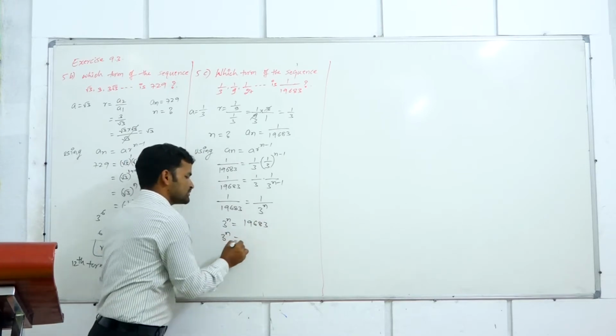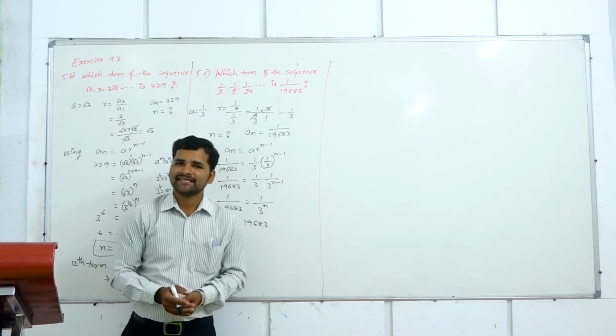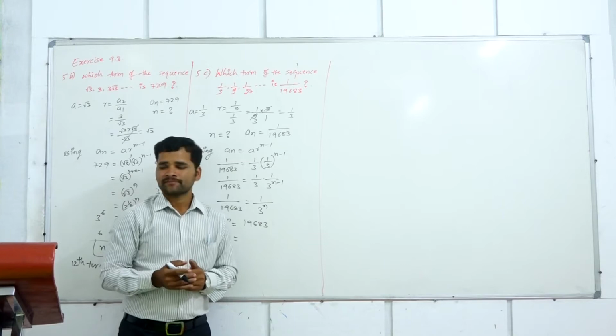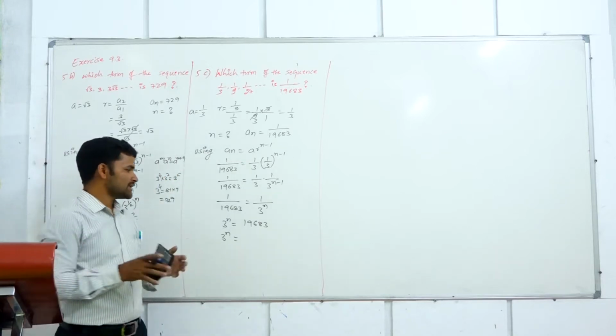3 raised to n is equal to this 19683. You should write it in the form 3 to the power of something. 3 to the power of something you write, that will be the answer.